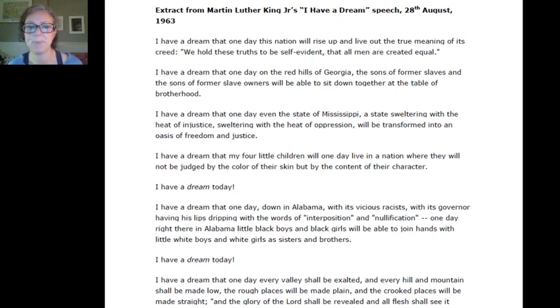I have a dream that one day this nation will rise up and live out the true meaning of its creed. We hold these truths to be self-evident, that all men are created equal. I have a dream that one day, on the red hills of Georgia, the sons of former slaves and the sons of former slave owners will be able to sit down together at the table of brotherhood.